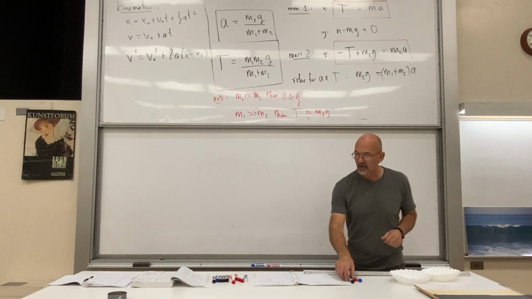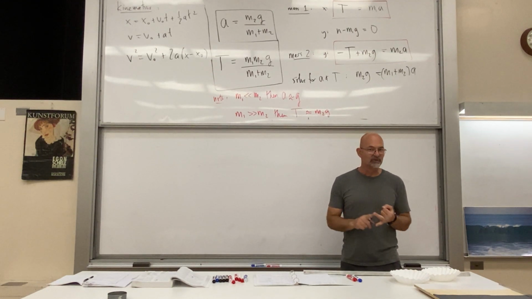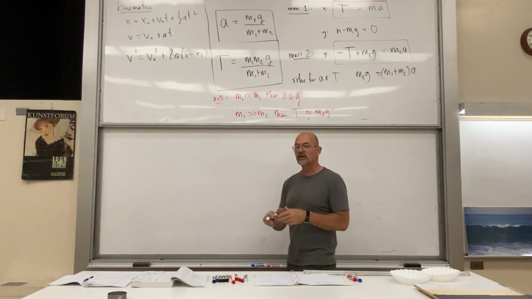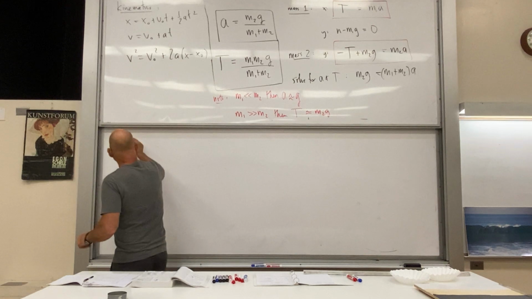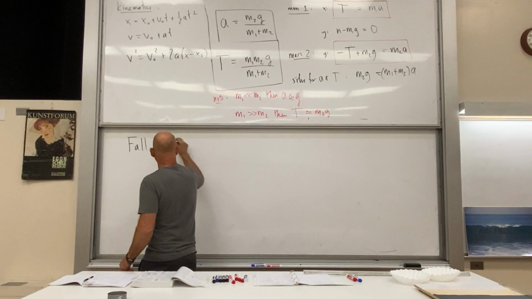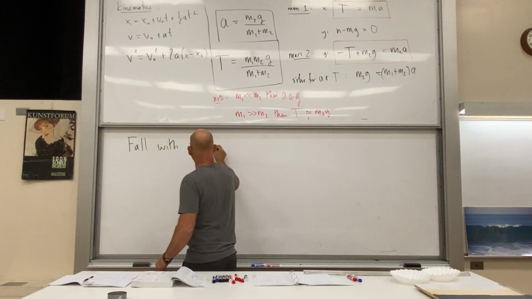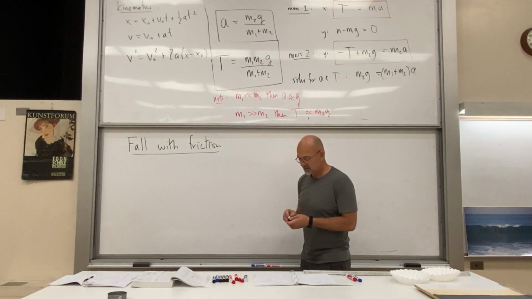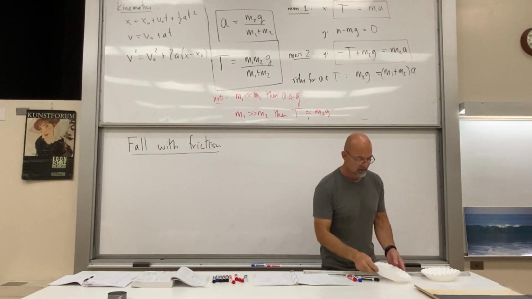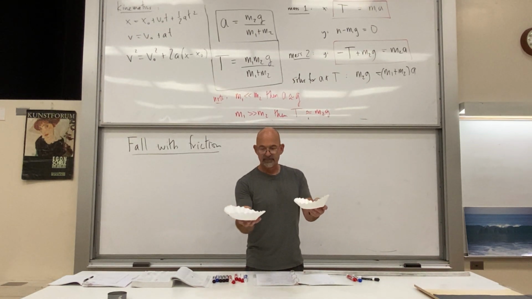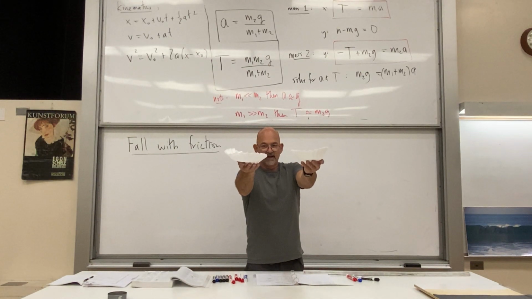What we're going to do now, now that we have the law of free fall and Newton's law of forces, is bring friction back into play, because of course there is a lot of friction in the world. So fall with friction is our next topic. And instead of the feather, I brought something a little different. So these are coffee filters. You can make a good fall with friction demonstration. And are they going to fall at the same rate?